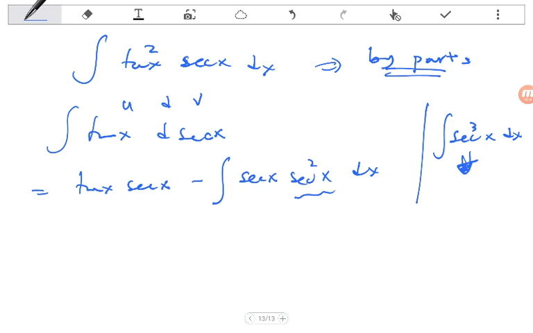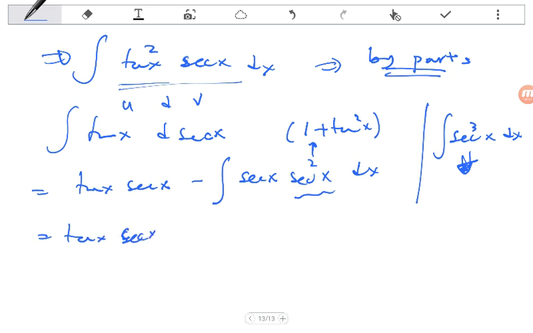In this integral I just need to express it in terms of the original integral. What is sec squared? Can I express sec squared in terms of this integral? Yes, this is 1 plus tan squared. So this integral will be tan x sec x minus integral of sec x multiplied by 1 plus tan squared x.